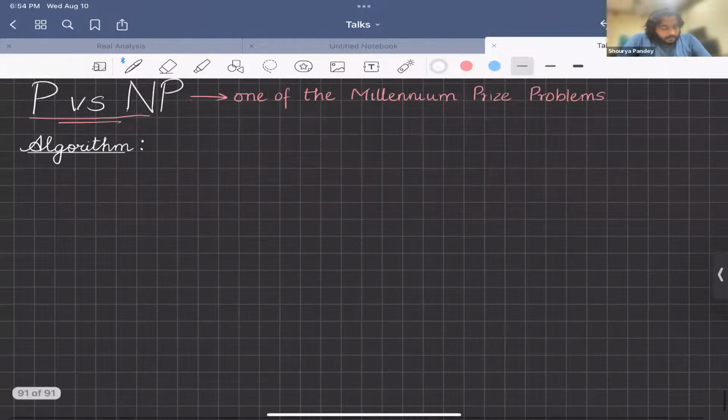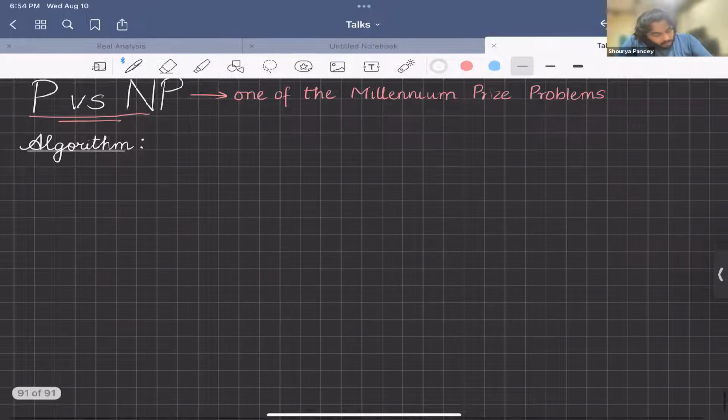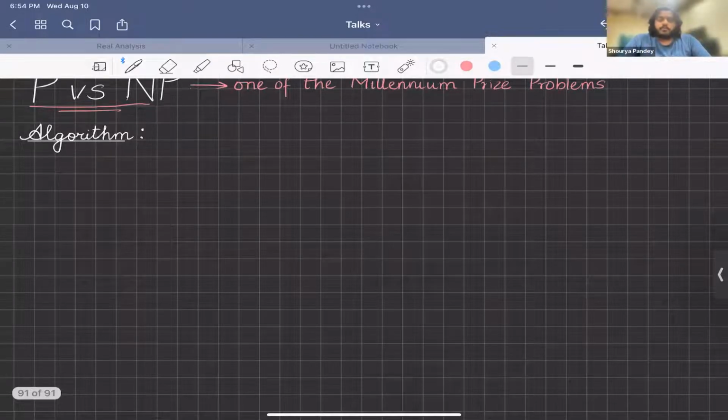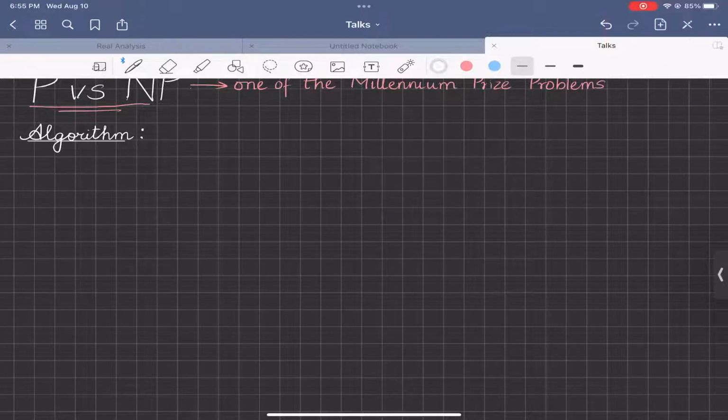So let's start by defining what an algorithm is. Can anybody just tell me what an algorithm is? Just any rough definition would suffice. Like a sequence of steps to find something?